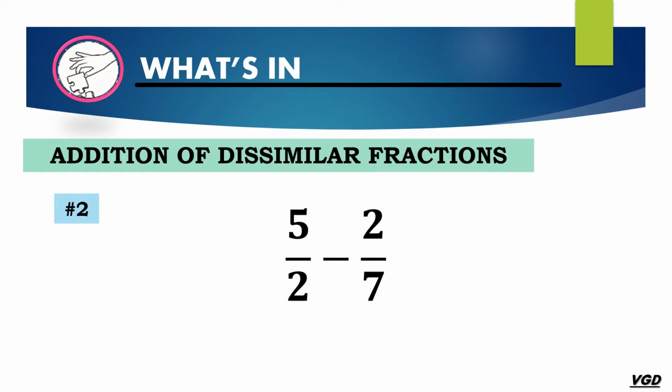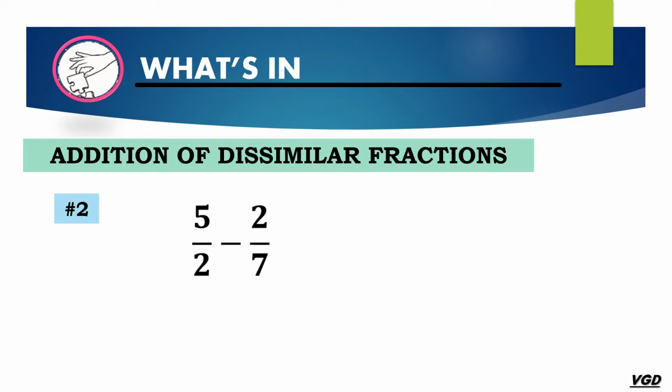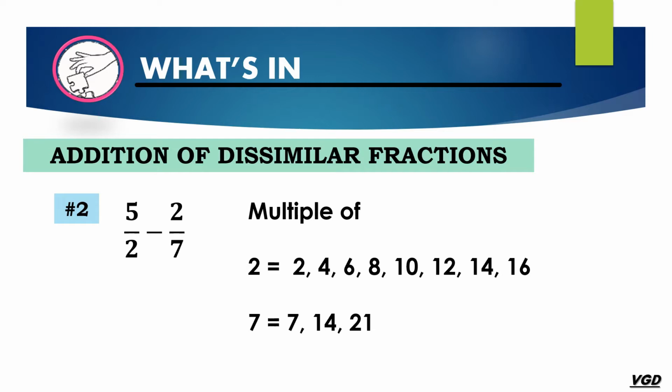Now let's have number 2. 5 over 2 minus 2 over 7. Now let's get the multiples of 2 and 7 to get our least common denominator. So we have here the multiples of 2 are 2, 4, 6, 8, 10, 12, 14, 16, and so on.